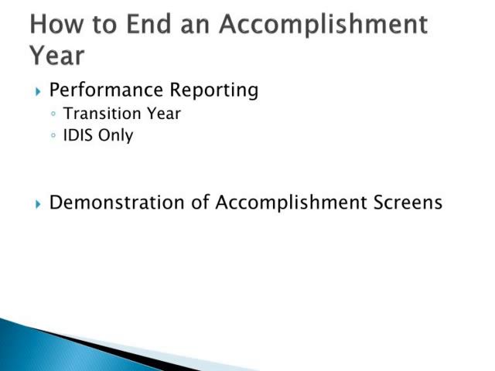Now that projects and activities are set up and funds have been encumbered, you can draw down funds for those activities. Since there have been no changes in IDIS to the way that you create drawdown vouchers and approve them, we will not be demonstrating those features today. Instead, we are going to go straight to procedures to close out the accomplishment year.